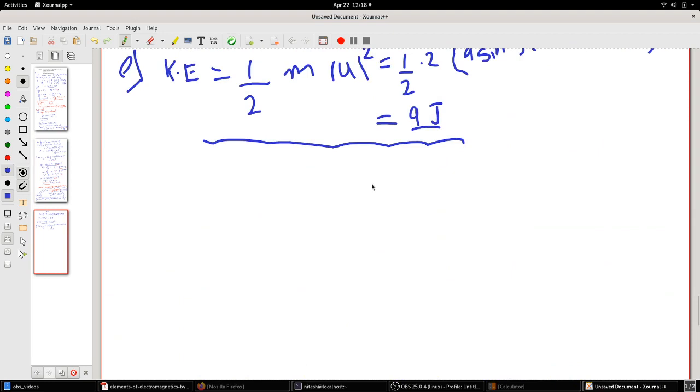Kinetic energy is constant. We can also conclude that the uniform magnetic field has no effect on the kinetic energy of the particle.